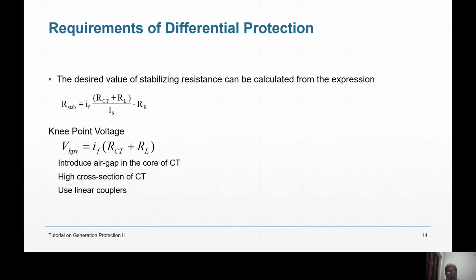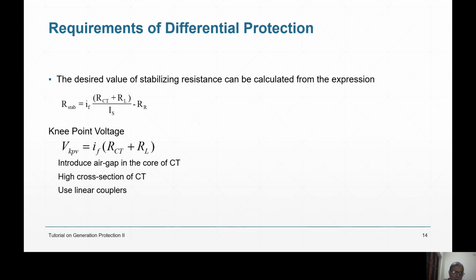And if you have to purchase the CT, the knee point voltage should be 2 times IF into RCT plus RL. Here the 2 times is forgotten. It has to be that VKPV should be 2 times IF into RCT plus RL.